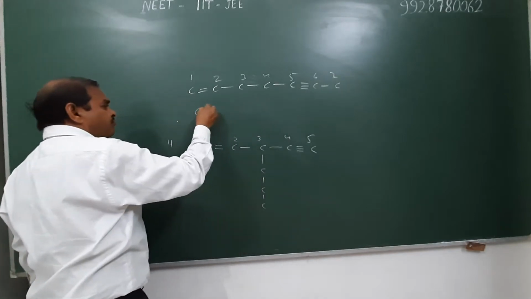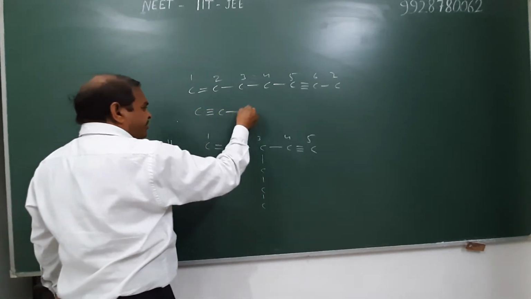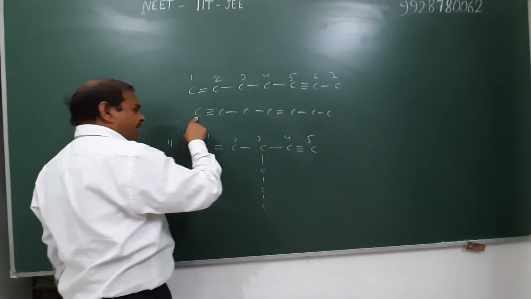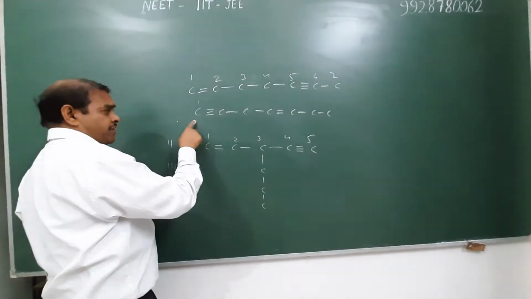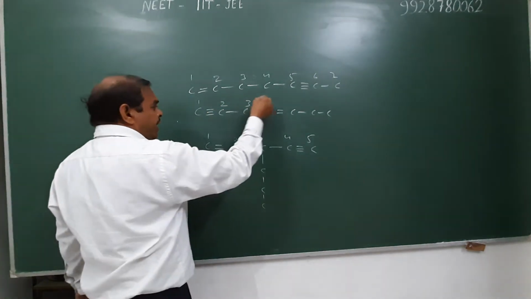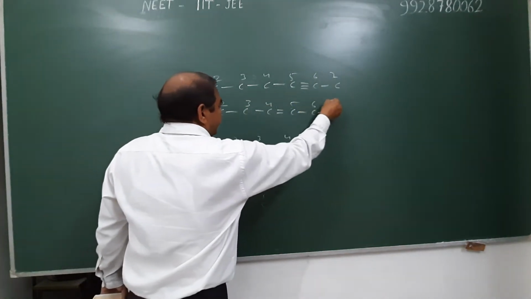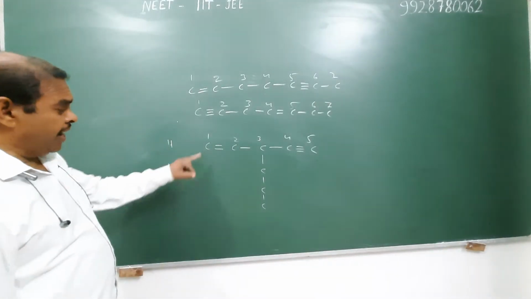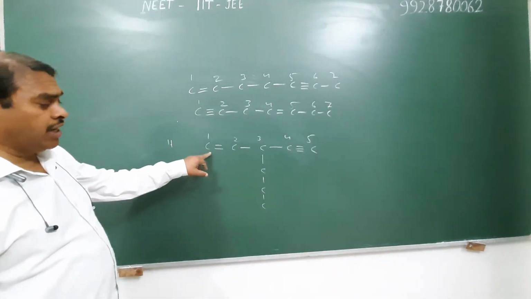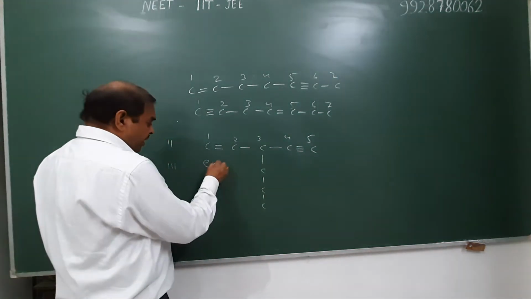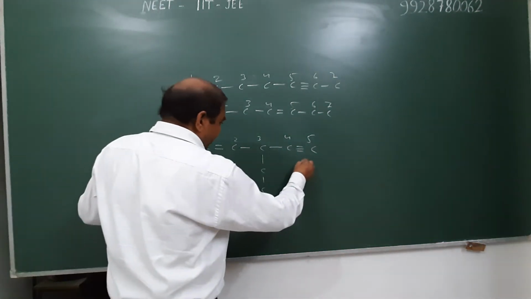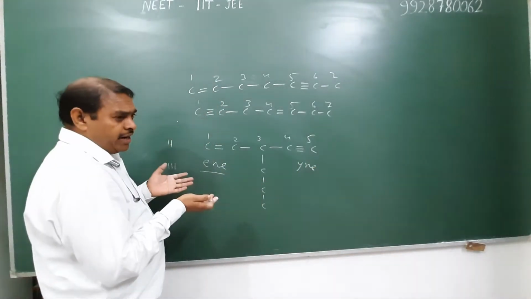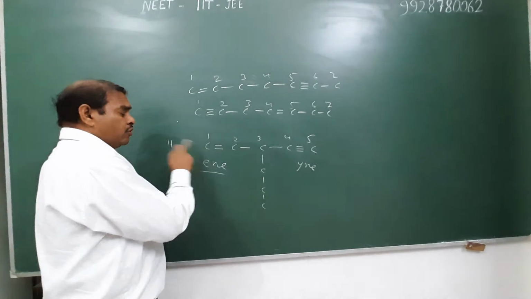In this case, we start numbering from this end because the triple bond occupies the first position, 1, 2, 3, 4, 5, 6 and 7. And in this case we give minimum position to the double bond because ene comes first in alphabetical order before yne. Hence, if the double bond and triple bond occupy identical positions, then we give minimum position to the double bond.